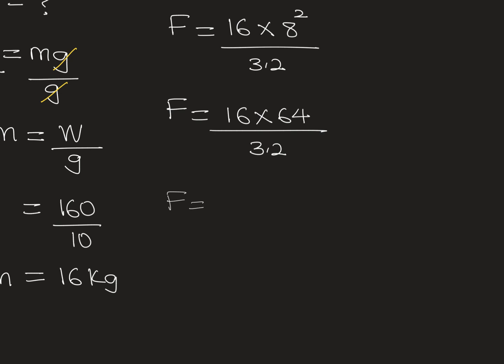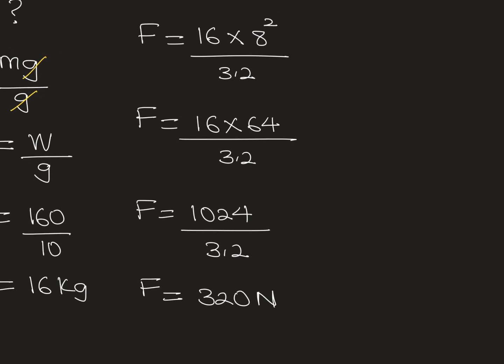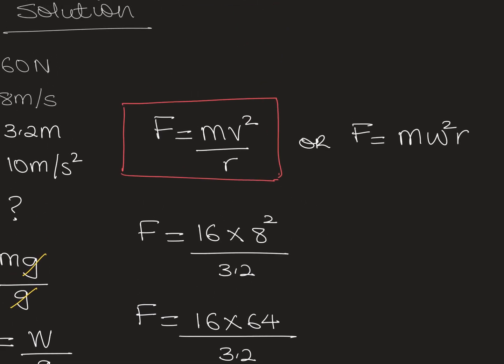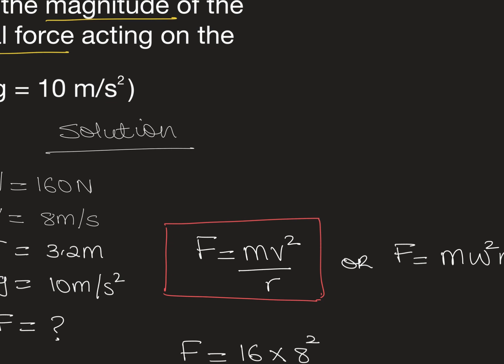So F is equal to 16 times 64, which is 1024, divided by 3.2. F is equal to 320 newtons. Okay, so this is the answer for the centripetal force.